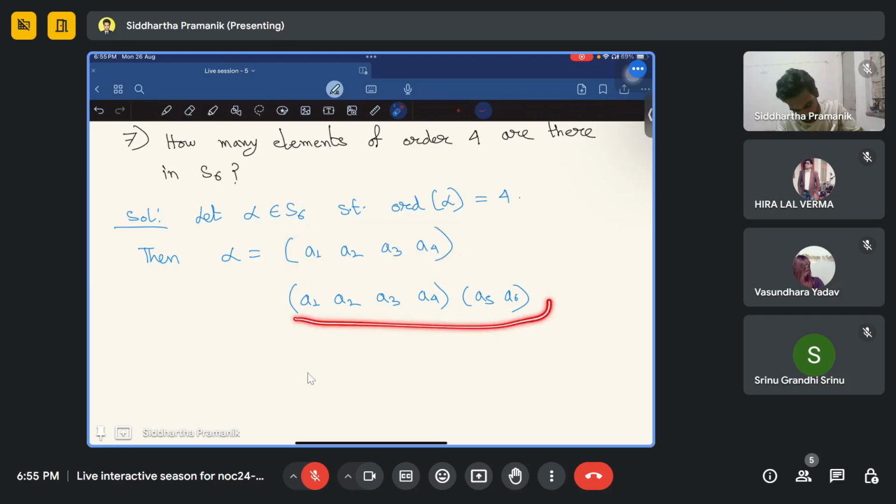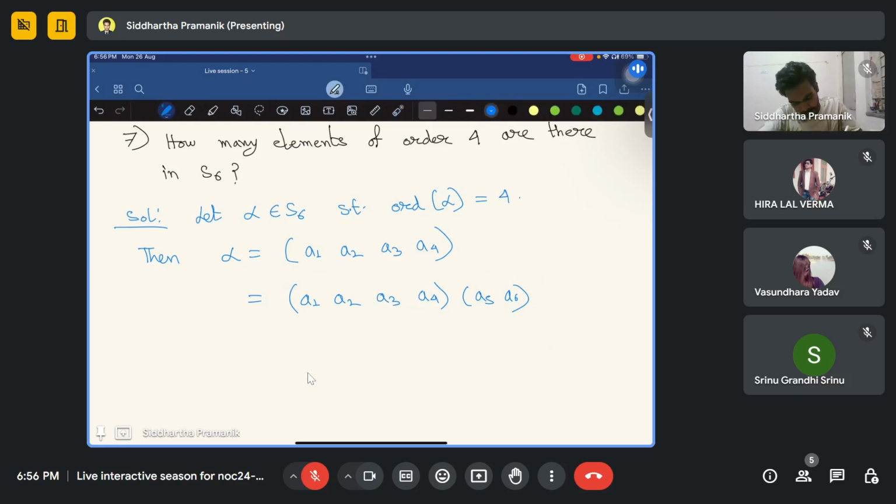This permutation is a product of two disjoint cycles, one of length 4 and one of length 2. This has order LCM of 4 and 2, which is 4. So alpha can be this also. Probably you have missed this part, so you need to be careful and find all possible cycle structures.